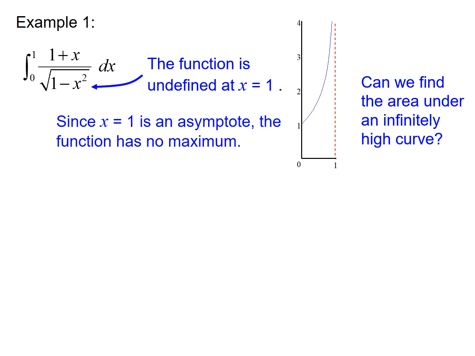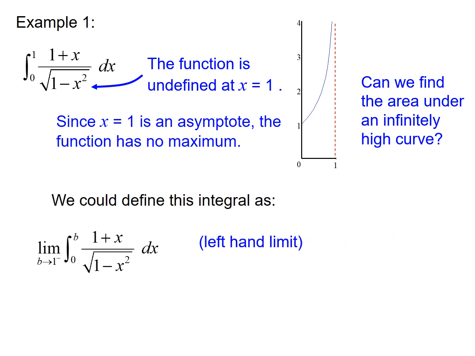So even though the function tends up towards infinity, it's possible that there's a finite area bounded in this region. So we take the limit as b goes to 1 from the negative side, because since our limits of integration go from 0 to 1, we're approaching that 1 from the left, of the integral from 0 to b of our function.